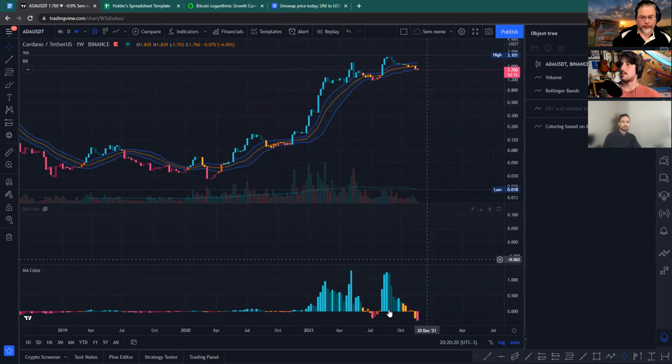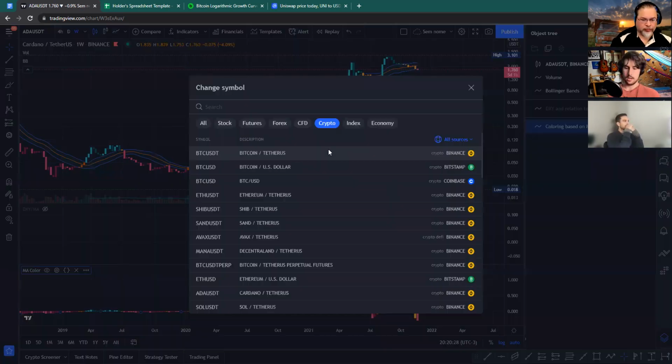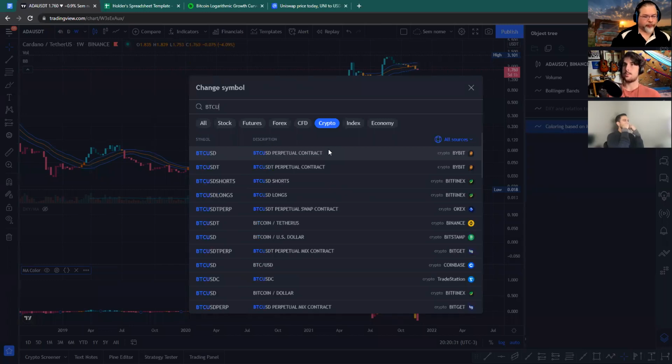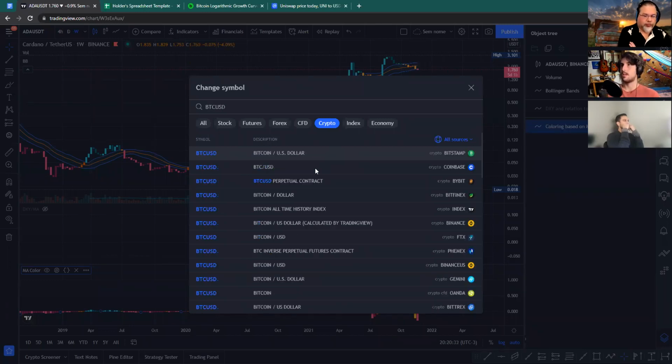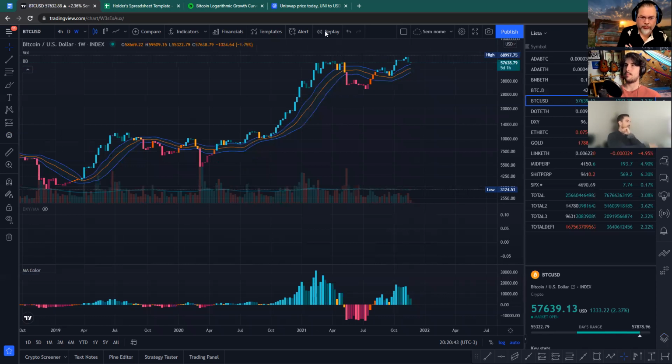But the real powerful thing about this indicator, in my opinion, is that you can use the moving average of any asset. So let's see how it relates to Bitcoin, for example. So we all know that, and as we've seen right here, if we go to the Bitcoin chart, usually when Bitcoin is above the 20-week moving average, it's trending up, right?